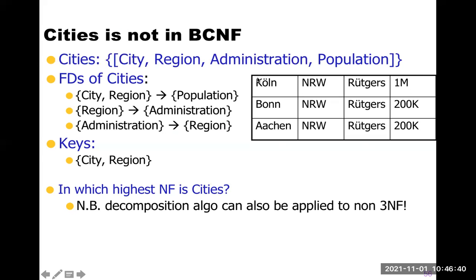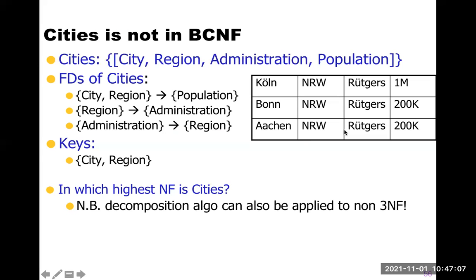Population depends on city, and it may happen that a city with the same name is in different regions. So population depends on city and region. And this table has a key of city and region due to possible duplication of city names in different regions. So that's the key.